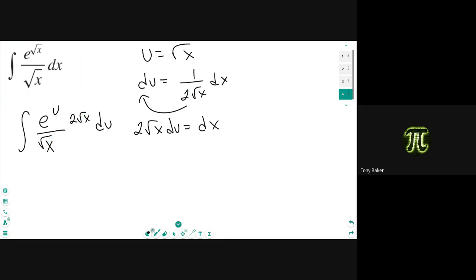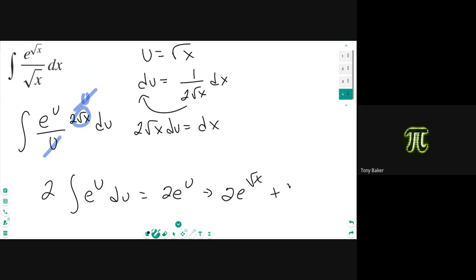The other way you could have done it is if you did change this to a U, you should have realized that that right there is also U, so they would have still canceled out. Because remember, you can't have any X's left in your problem. They've all got to be U's in that situation. So we end up getting a 2 on the outside, and then the integral of e to the u du, which is 2e to the u, or 2e to the square root of x plus c.